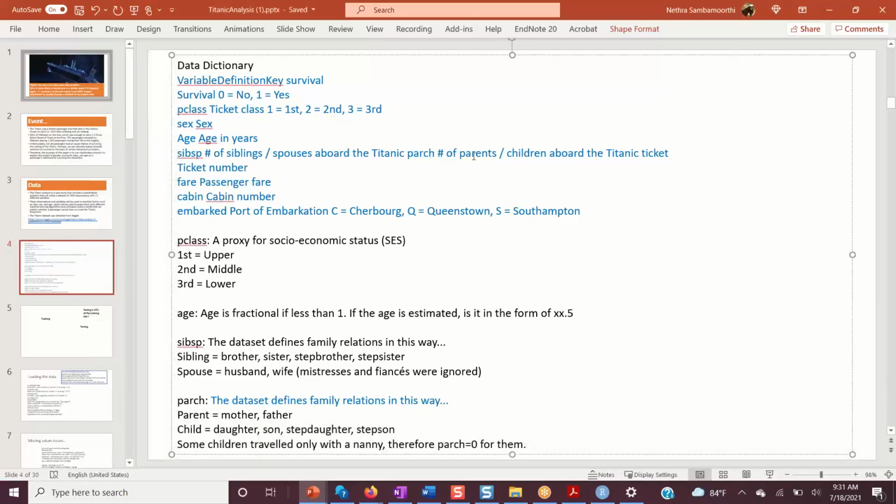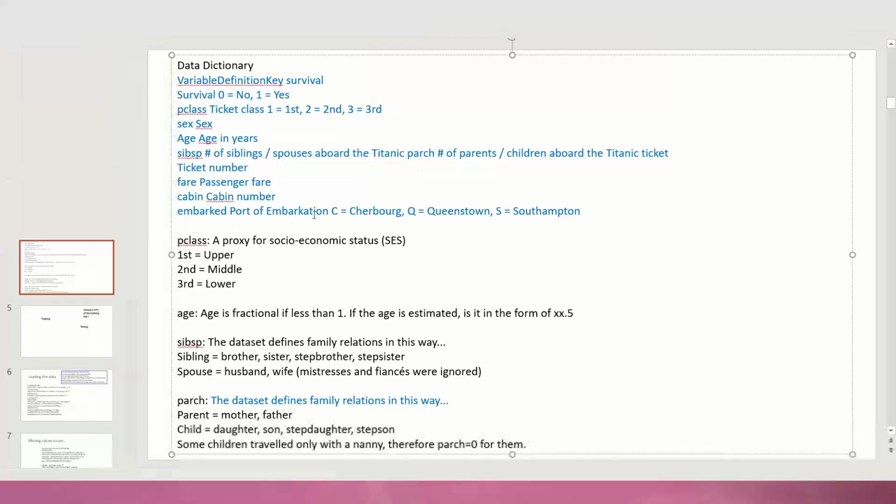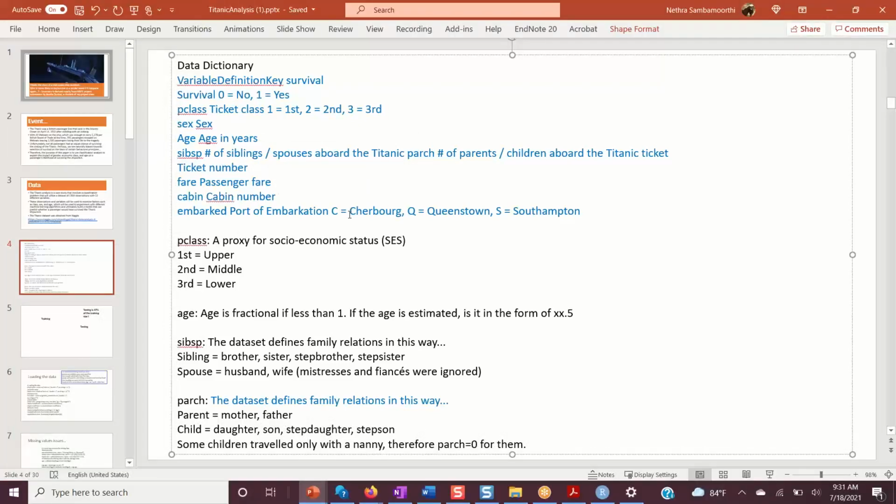Parch is parents and children. Parch tells whether the person is accompanied by a parent or not. Then ticket number, fare, how much fare the passenger paid, and then the cabin number. Embarkation is this one. C means Cherbourg, Q means Queenstown, S means Southampton. That's what I was trying to recall.